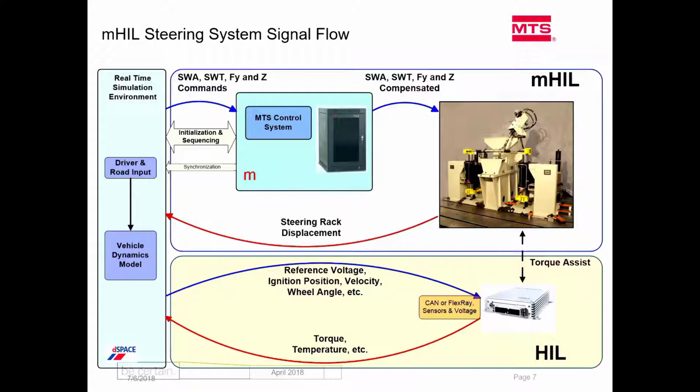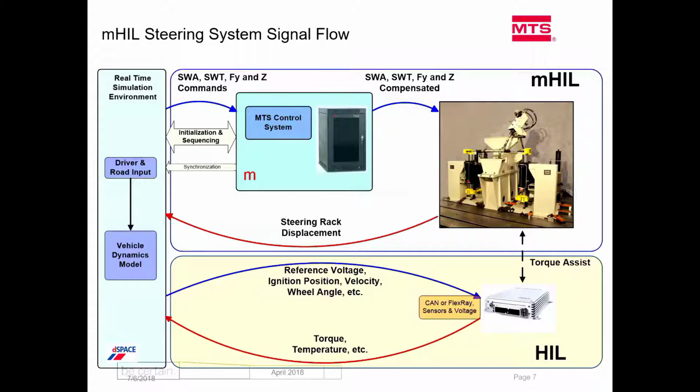The vehicle generates commands sent to the MTS controller, so 5 commands are sent to the MTS controller, and move the actuators. Here you can turn the steering wheel, and put the human input or robot input in here.